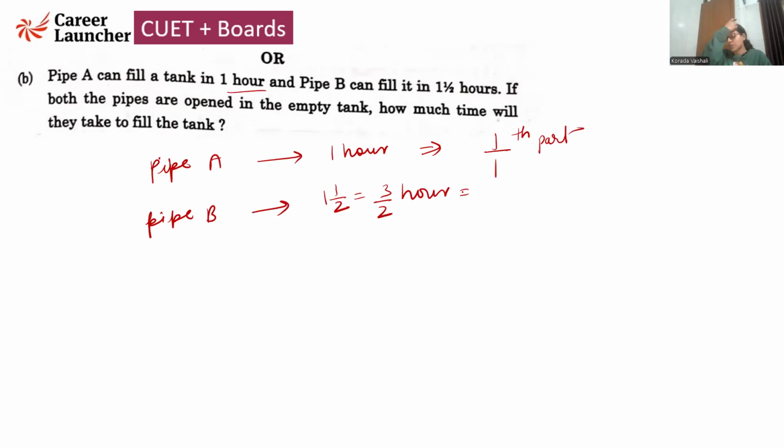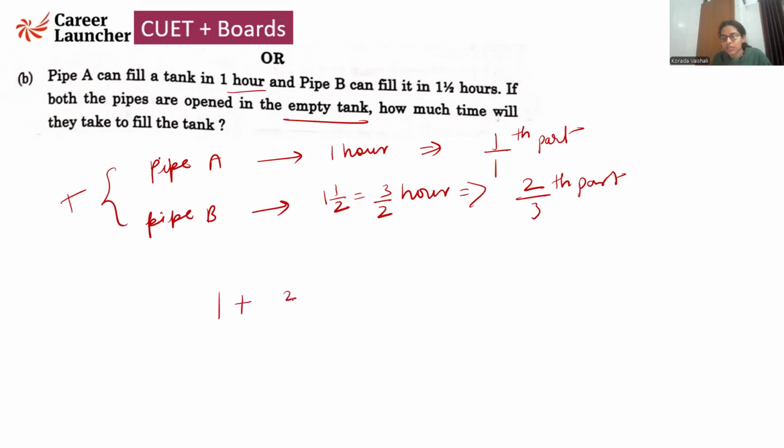But I'll just keep this in fraction, or I can say that it can fill 2 by 3rd of the part of the tank. Now both the pipes are opened in the empty tank, so how much time will it take to fill? So just add the two.